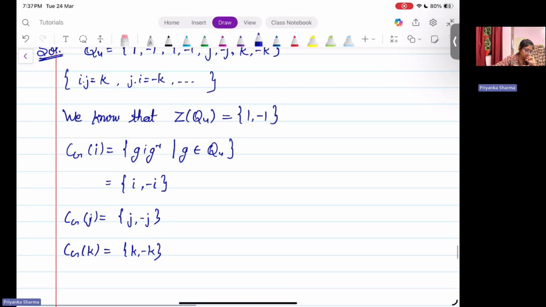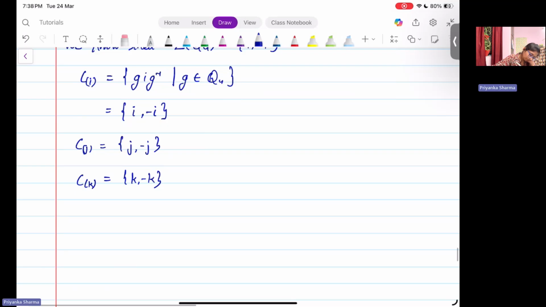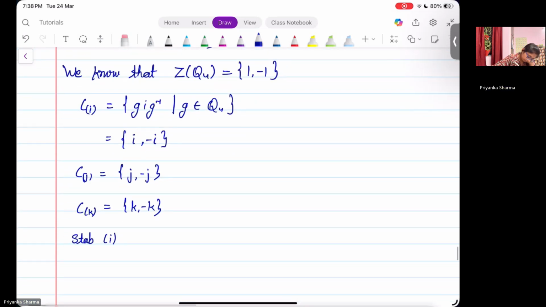So if we don't want to get confused, I'll prefer to write them as C_I, C_J, and this is C_K. Now, what is the stabilizer of I in Q4?